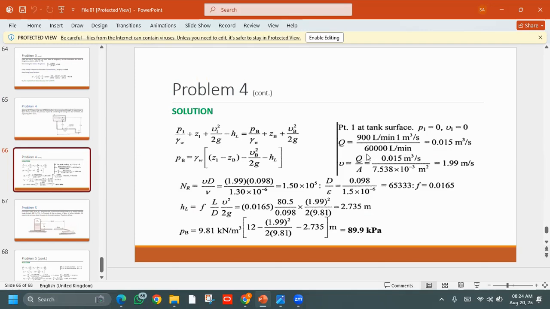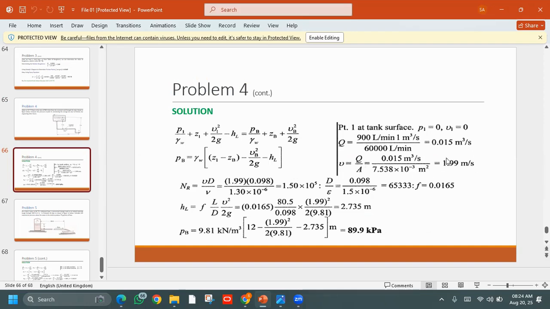So we will multiply 1000 by 60, and then the answer will become 0.015 meter cube per second. That is converted from liter per minute to meter cube per second. So now we can calculate the value of velocity, which is equal to Q over A. So the value of velocity equals 1.99 meters per second.